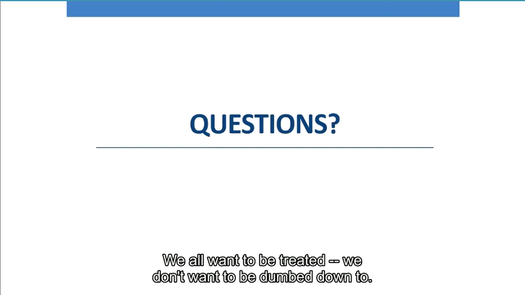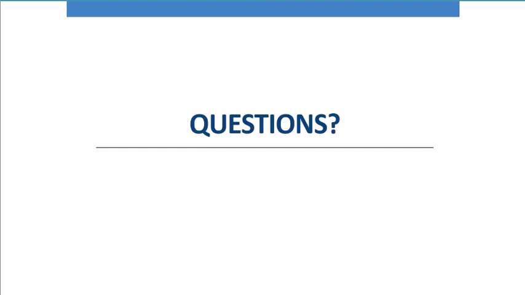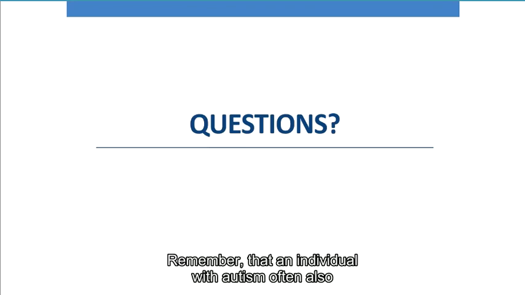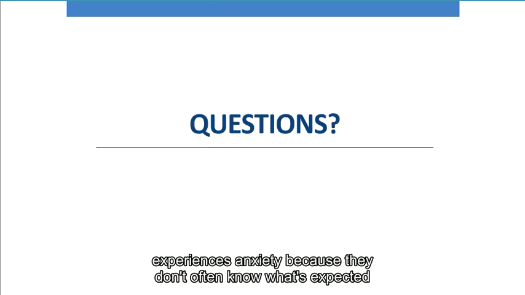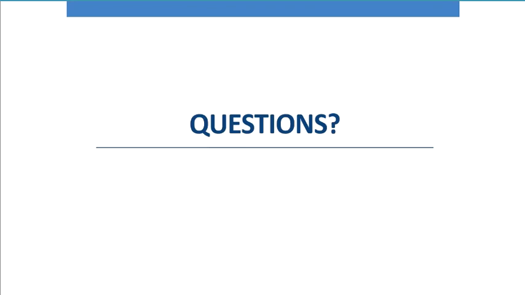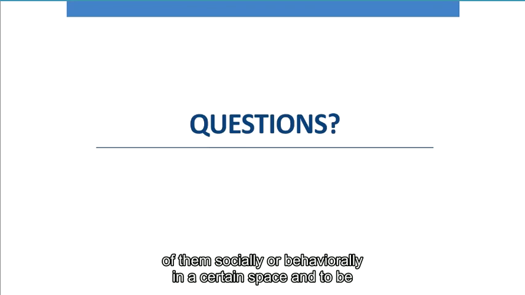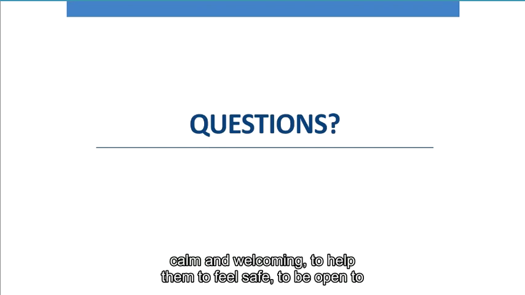So remember that an individual with autism often also experiences anxiety because they don't often know what's expected of them socially or behaviorally in a certain space. Be calm and welcoming, help them to feel safe, and be open to their behaviors.